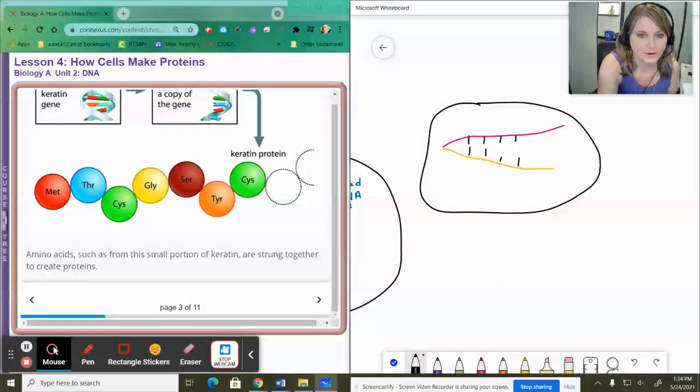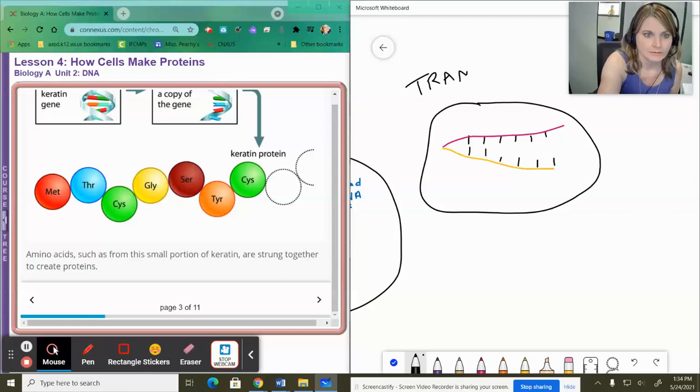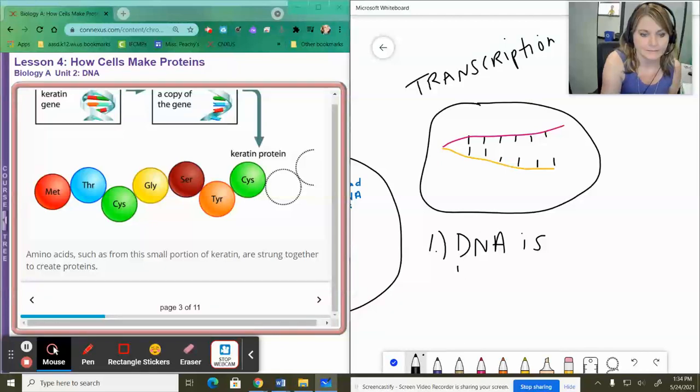It exposes all the different nitrogenous bases in here. So step one is transcription. Step one, DNA is unzipped. It looks like a zipper, that's why they call it that.